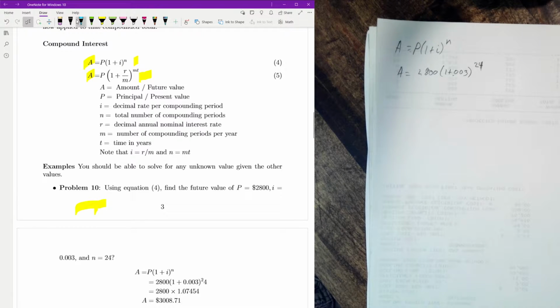Actually, it looks like I've got a little bit of a typo here. Let me fix this right away. Let me cross this off, and this should be to the 24th. Okay.